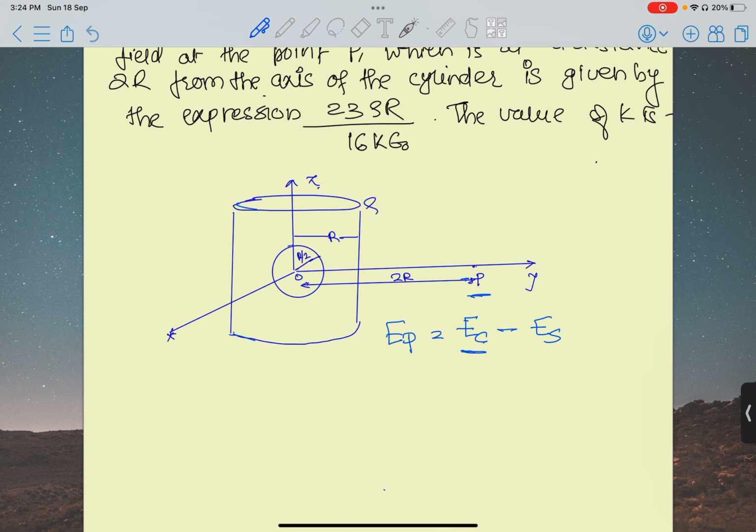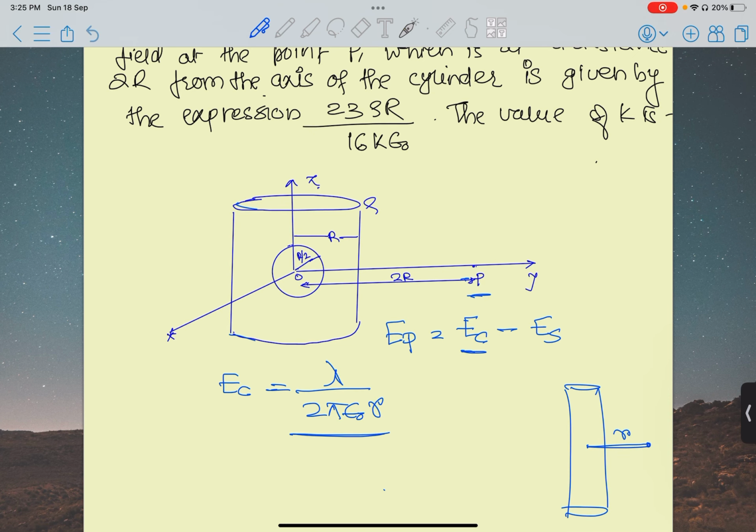The electric field E_C of the cylinder is the standard formula, lambda upon 2 pi epsilon naught r. If there is a cylinder of infinite length and from the axis this distance is r, this is the formula for a cylinder having a charge density per unit length as lambda.